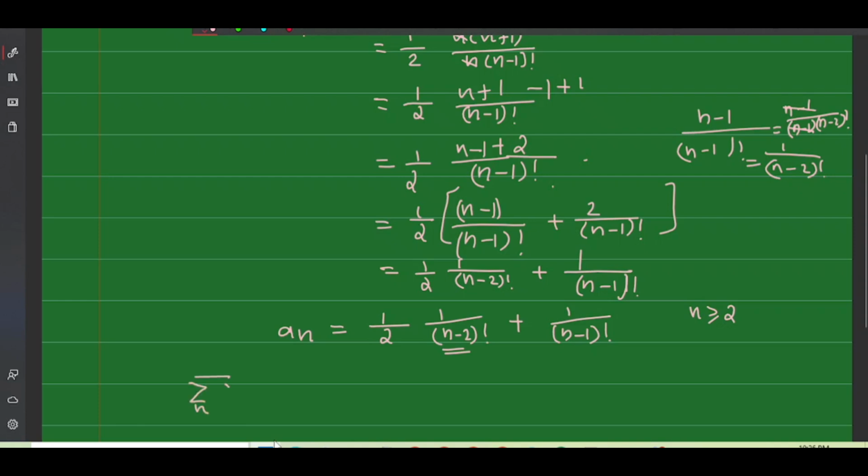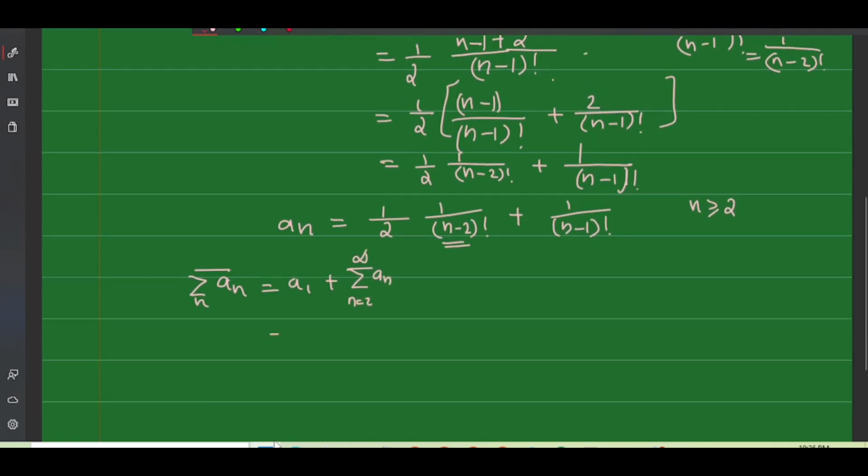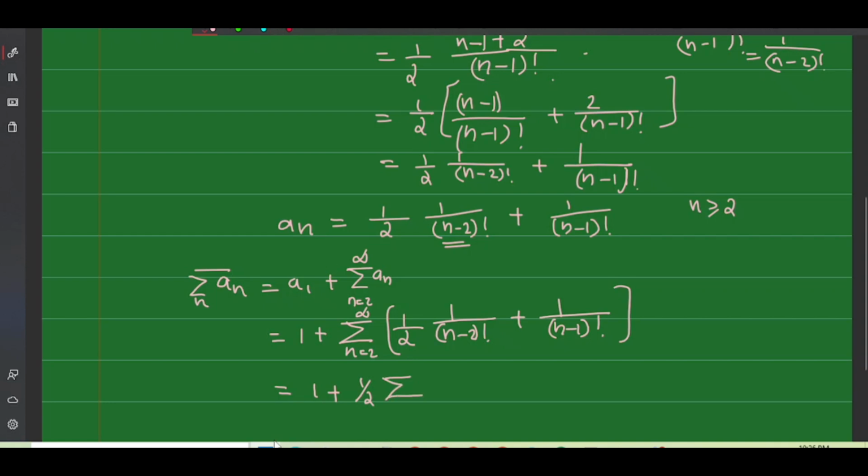So the summation over n of a n is equal to a1 plus summation n equal to 2 to infinity a n. a1 is 1 by 1 factorial, which is equal to 1. So 1 plus summation over n equal to 2 to infinity of 1 by 2 into 1 by n minus 2 factorial plus 1 by n minus 1 factorial, which is equal to 1 plus 1 by 2 into summation n equal to 2 to infinity 1 by n minus 2 factorial plus summation n equal to 2 to infinity 1 by n minus 1 factorial.